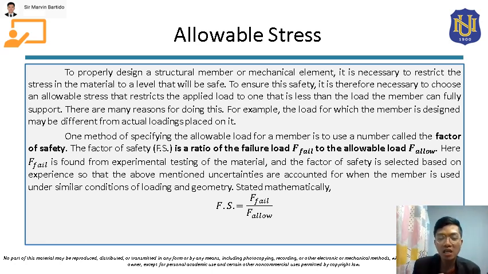So we can solve for the allowable load by using this formula of the factor of safety. Of course, again, we are not going to use the load that will cause the structure to fail. We are going to use allowable load in our design. So that's it.